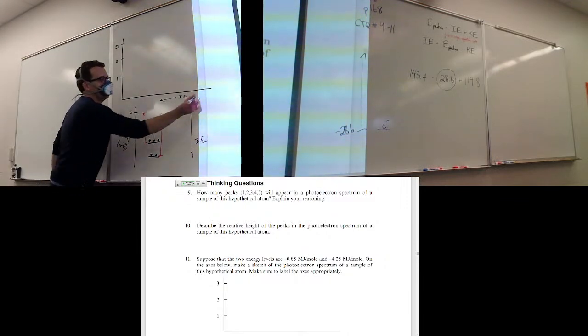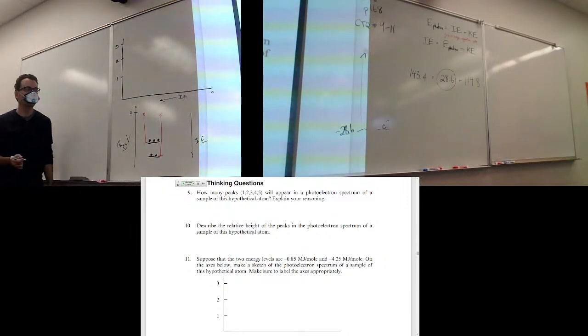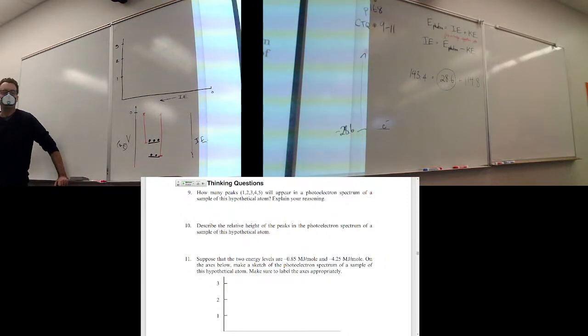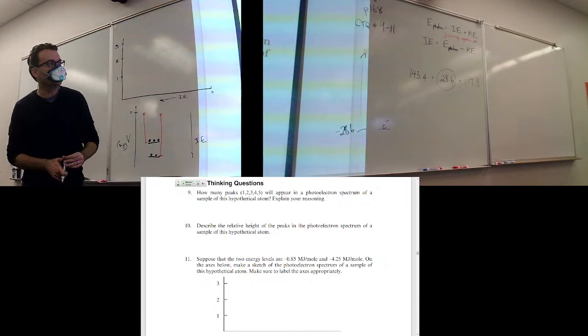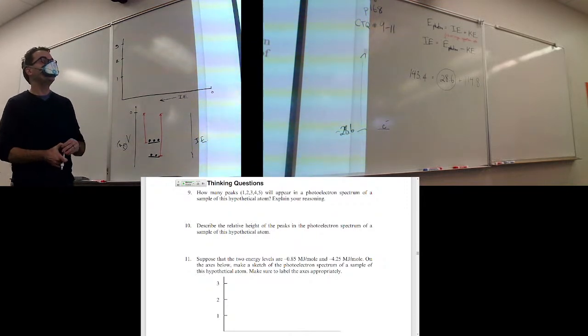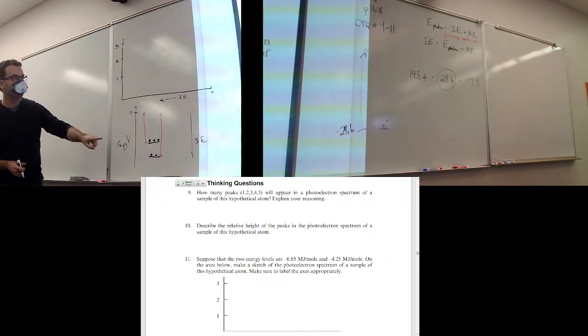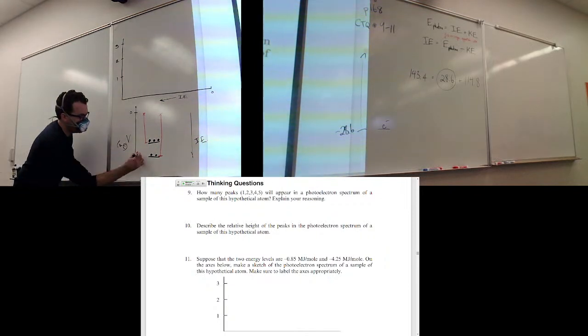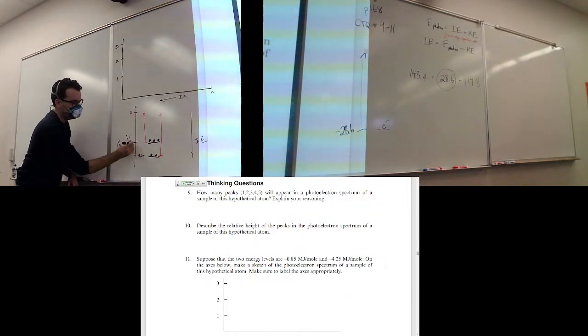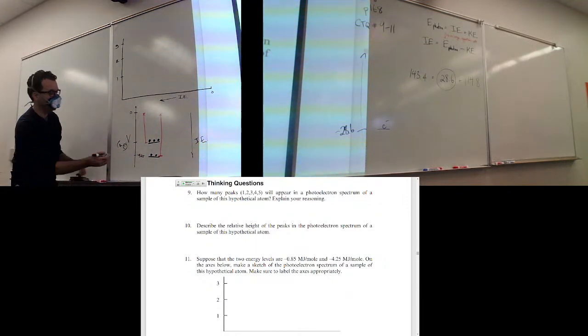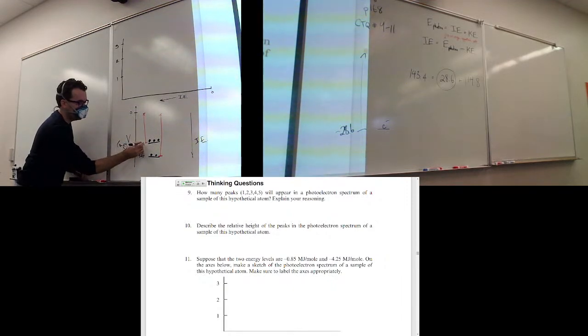That's just what you'll see. So 0 is over here, of course. Nothing's at 0, and you'll never see it, usually. It starts at some number. But the energy levels are minus 0.85 and minus 4.25. So the more negative one is the minus 4.25, that's this energy. And this energy, they're not very proportional, is minus 0.85.